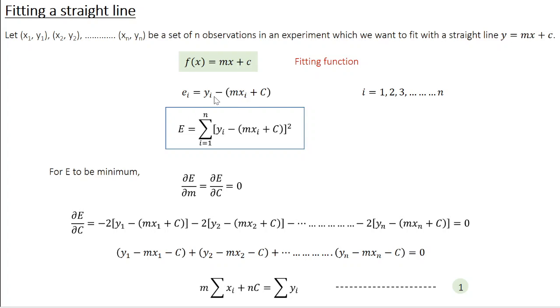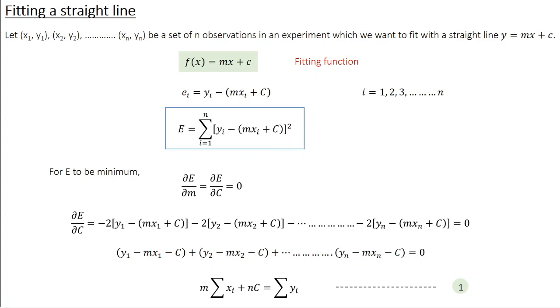The difference between these two is the residual. So the residual at the ith point, ei equals yi minus (mxi plus c), where i ranges from 1 to n. And capital E, which is the sum of squares of the residual, is nothing but the sum over i from 1 to n of (yi minus (mxi plus c)) whole square.